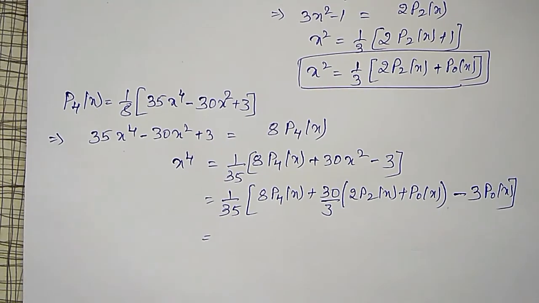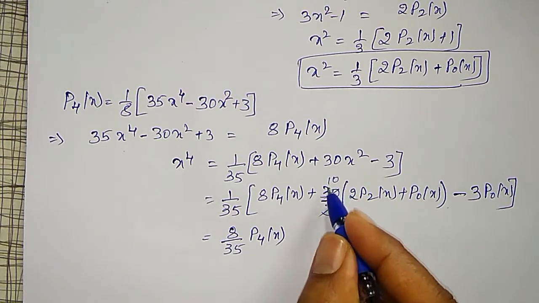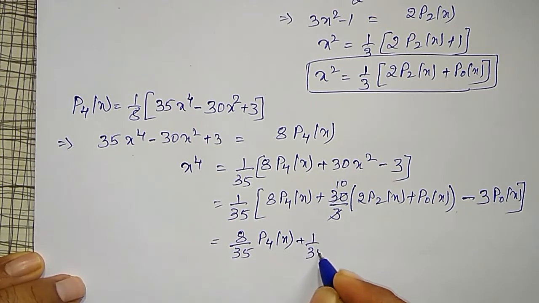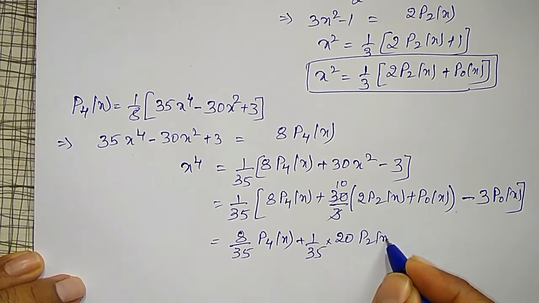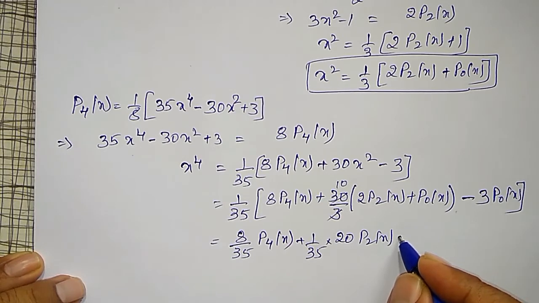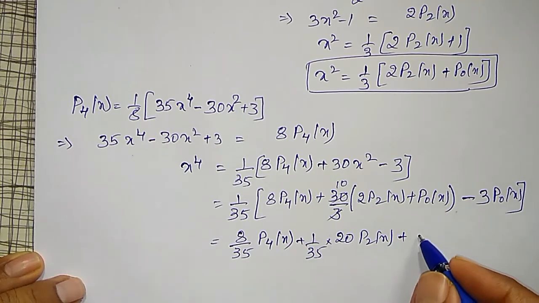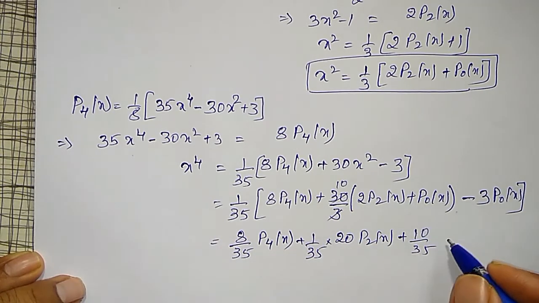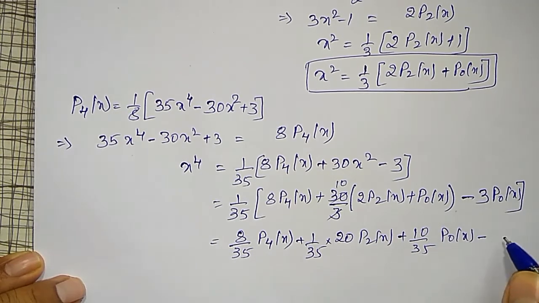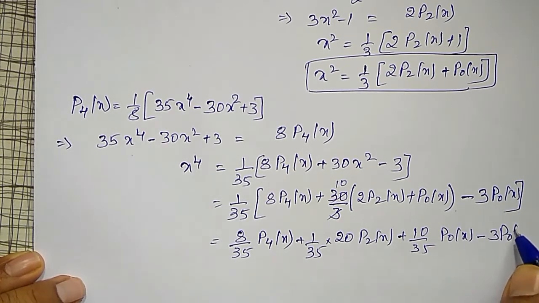Simplifying this, I am going to get 8 divided by 35 times P4 of x, and here 3 ones are 3, 3 tens are 10 plus 2, that is 1 by 35 into 20 times P2 of x, plus 10 divided by 35 into P naught of x minus 3 times P naught of x.